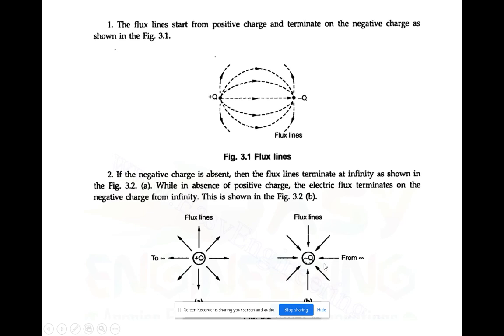Instead, if the positive charge is absent and only a negative charge is present, the flux line terminates at the negative charge from infinity. The lines start at infinity and end at the negative charge, as shown in the figure.